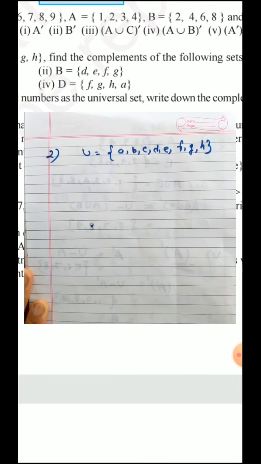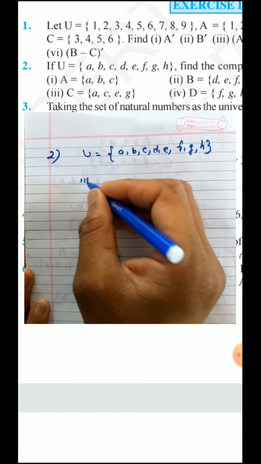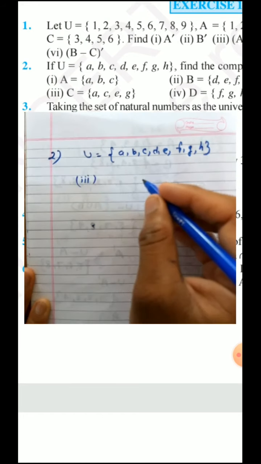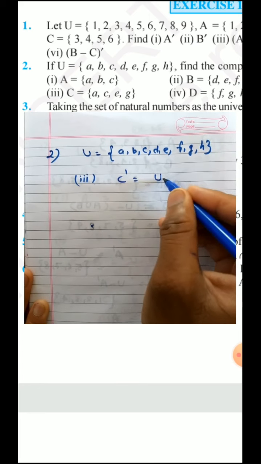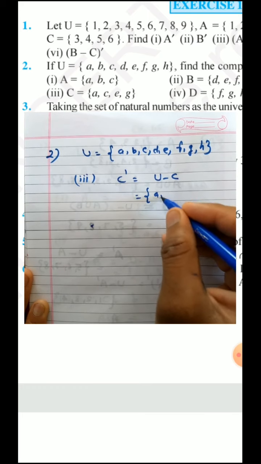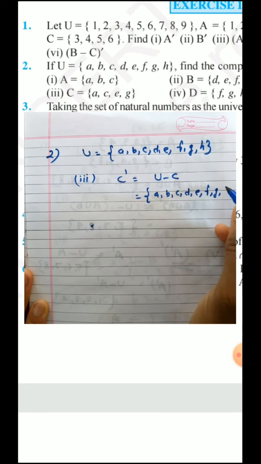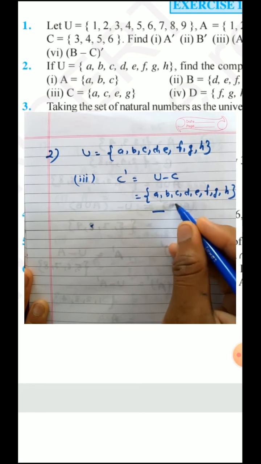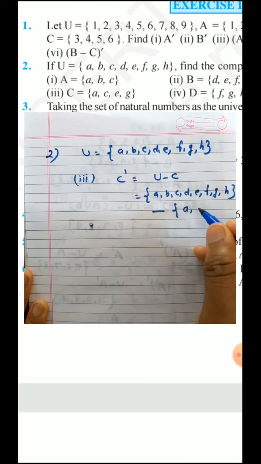Let us say I am telling you question number second, third part. The complement of C, C dash, equals U minus C. Means universal set A, B, C, D, E, F, G, H minus C. C is A, C, E, G.